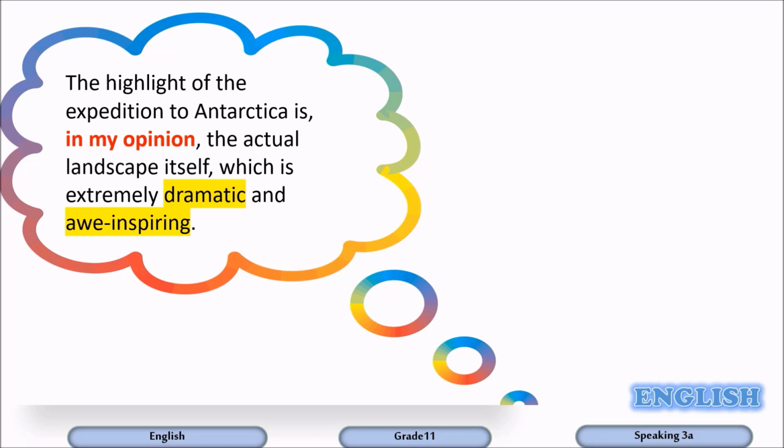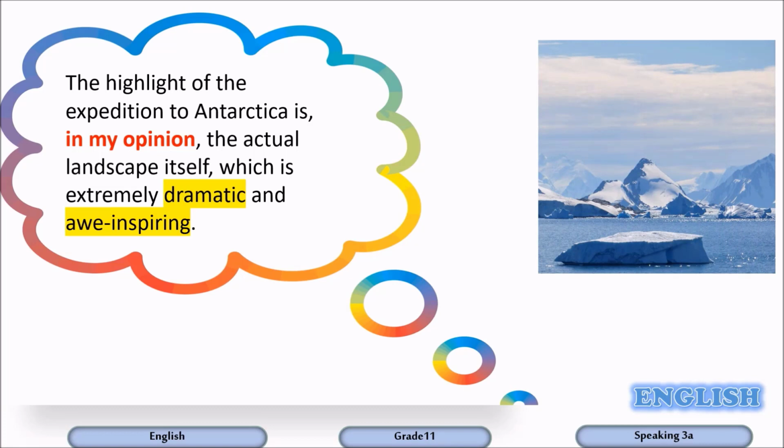The highlight of the expedition to Antarctica is, in my opinion, the actual landscape itself, which is extremely dramatic, or we can say striking, and awe-inspiring. Awe-inspiring means impressive, formidable. You can say also amazing. Alright, so don't forget, this continent is called Antarctica.